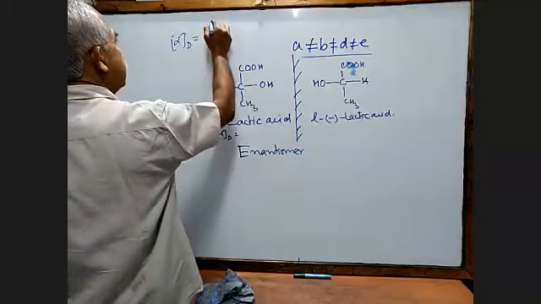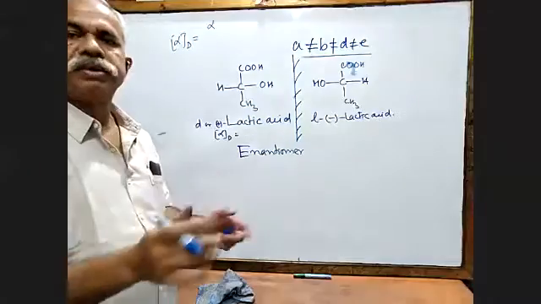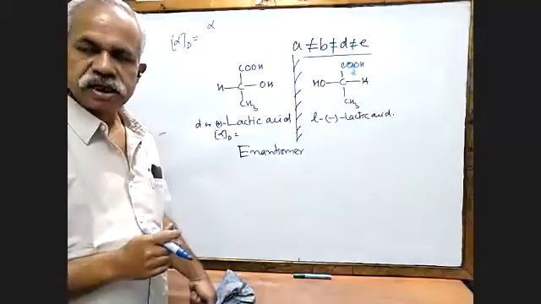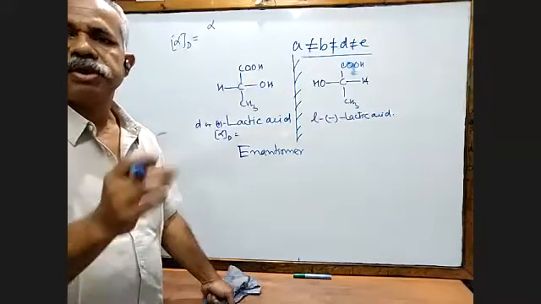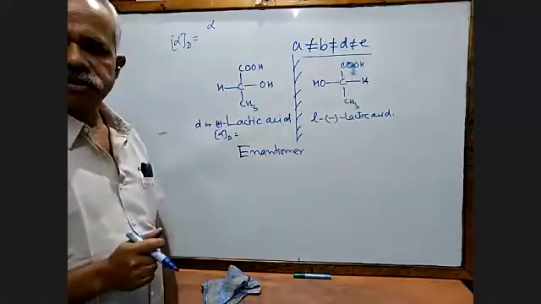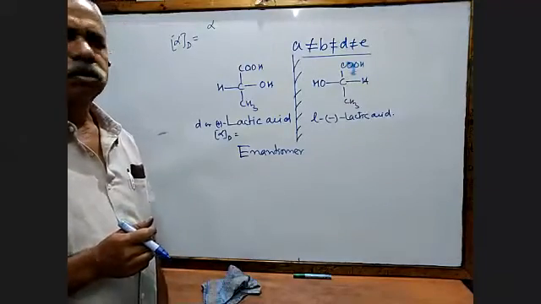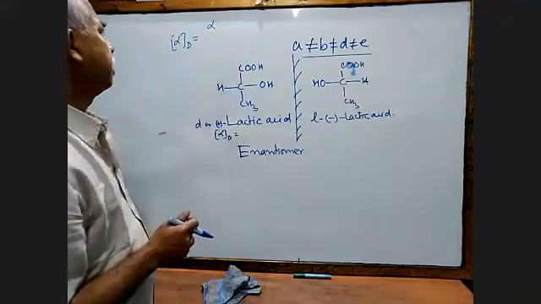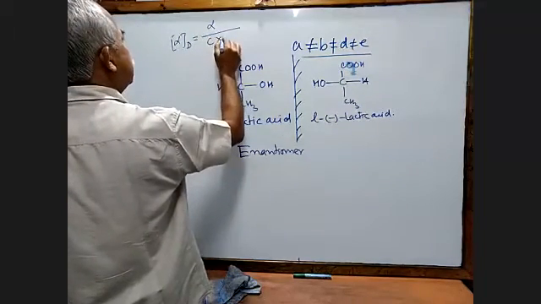This is the actual rotation that you get from the instrument where you measure it. The instrument which measures the deviation of light is called a polarimeter. It looks like a binocular. Alpha divided by C into L.